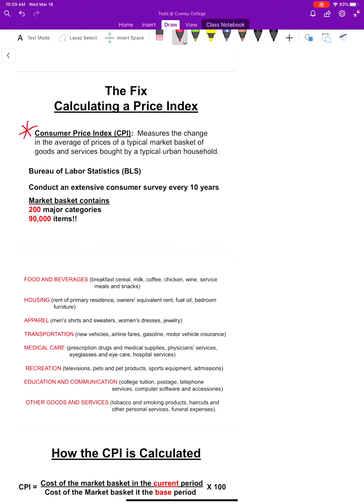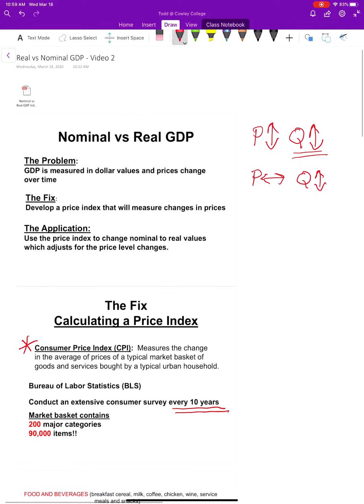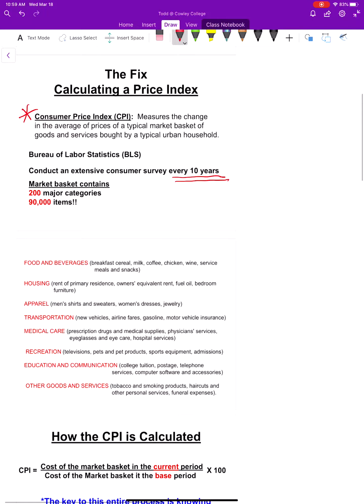Now, what ends up happening is the Bureau of Labor Statistics conducts a comprehensive survey of consumption behavior about every 10 years. It's kind of like the Nielsen surveys, where they ask what you watch on TV and at what time you watched it, and so on and so forth.